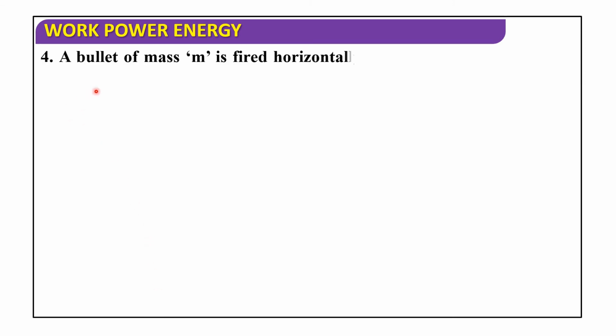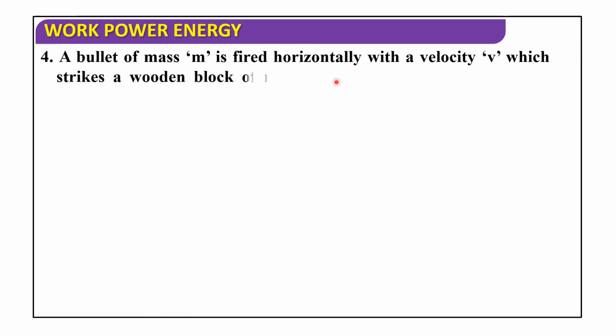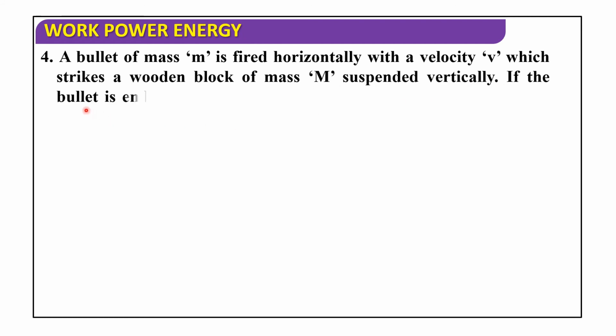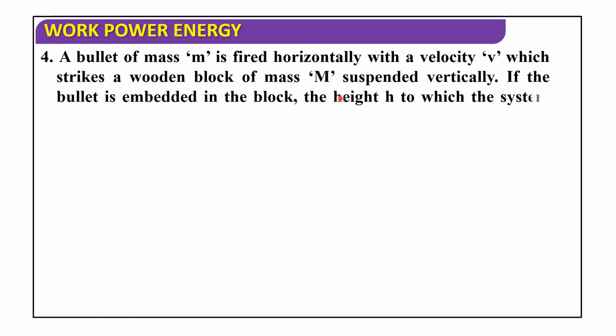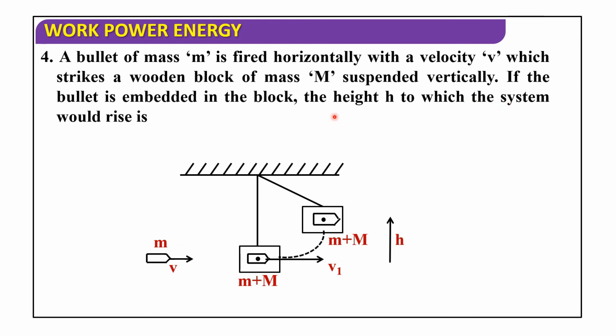Fourth one. A bullet of mass m is fired horizontally with a velocity v, which strikes a wooden block of mass M suspended vertically. If the bullet is embedded in the block, the height h to which the system would rise is, here this is the block M and the bullet fired horizontally with velocity v.